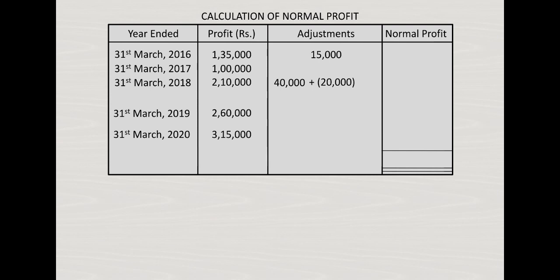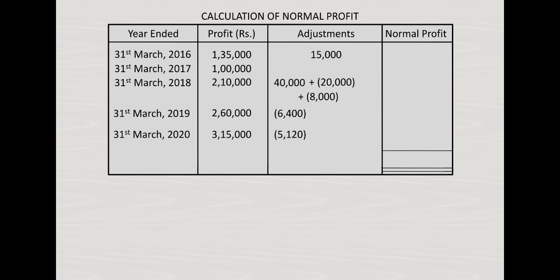So 20% of 40,000, that is 8,000, we will reduce in the year 2018. Then 20% of the remaining in the year ended 31st March 2019. Then 20% of the remaining in the year ended 31st March 2020.